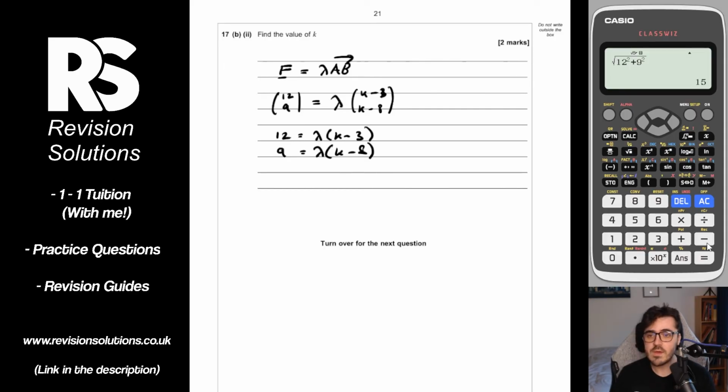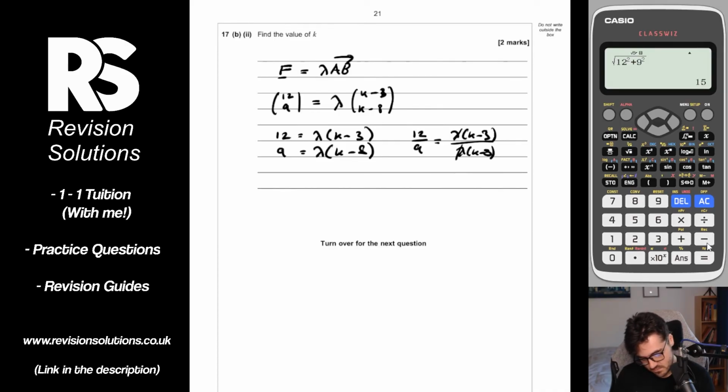So the top equation divided by the bottom equation is going to nicely cancel out our lambda, and we can find k. So 12 over 9 would equal lambda times k minus 3 over lambda times k minus 8.